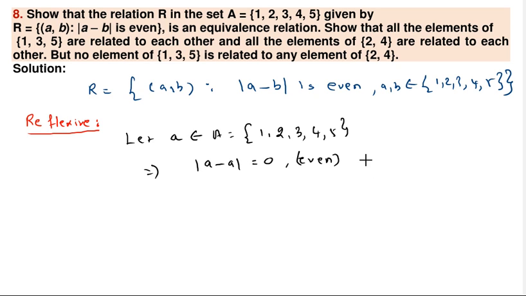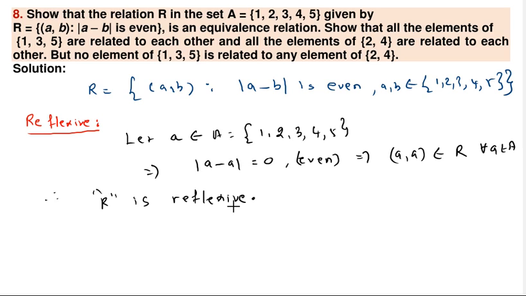Because the absolute difference is an even number, we can conclude (a, a) belongs to R for all a belonging to A, and therefore the relation R is reflexive. We have concluded the first part.